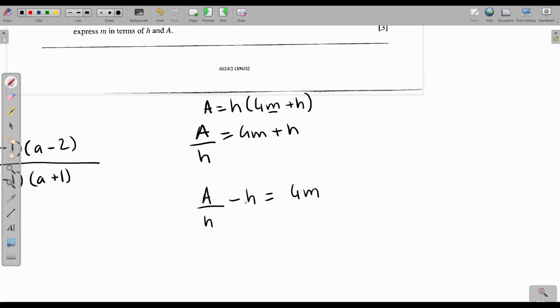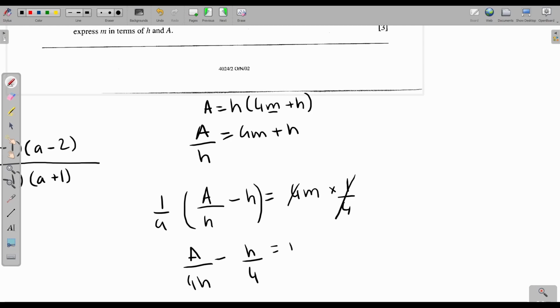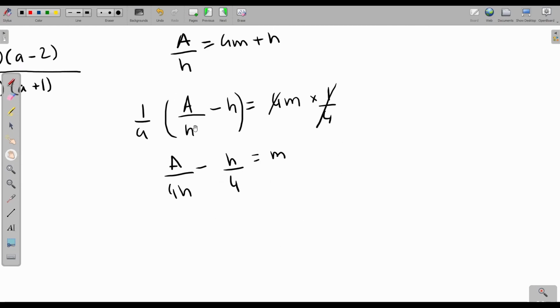And now all we can do is multiply both sides by 1 over 4. If I multiply this by 1 over 4, it's just going to get rid of the 4 here. And then this side, let's do that. So a over 4h minus h over 4 is equal to m. And then we can simplify this side a bit.